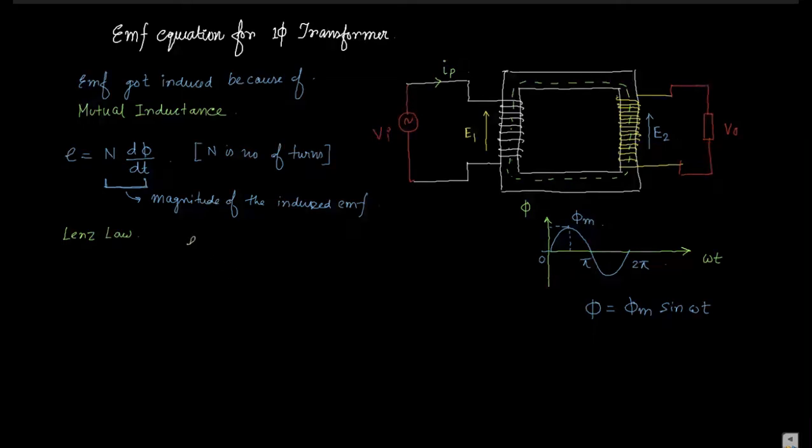So induced EMF E becomes minus n d phi by dt. That minus is denoting that the effect and the cause are in the opposite side.